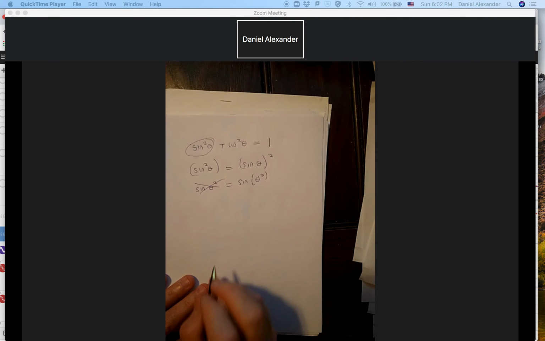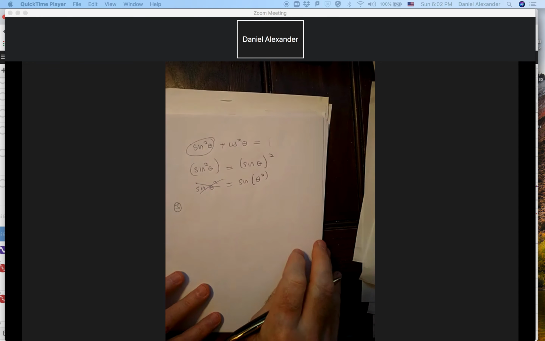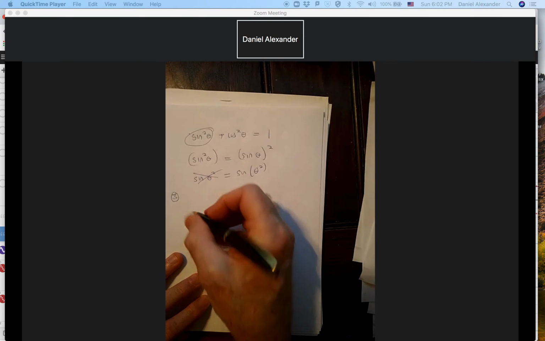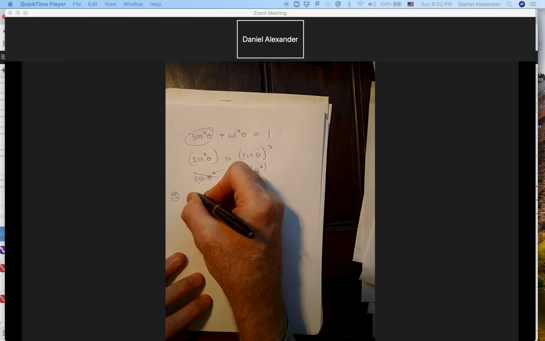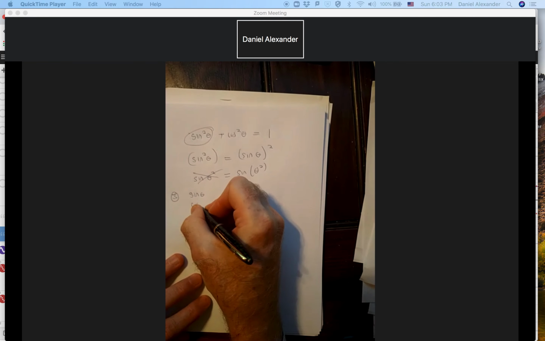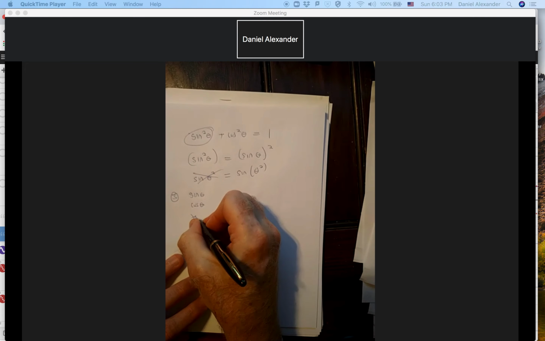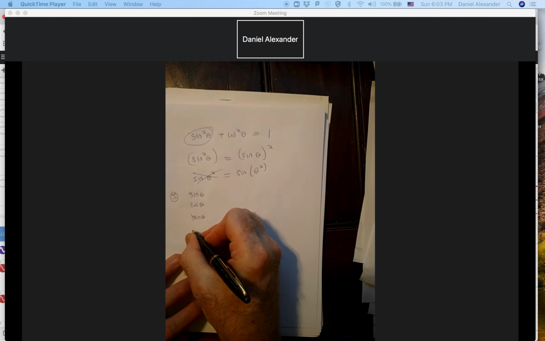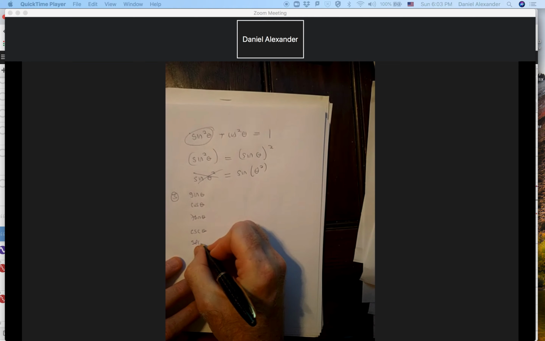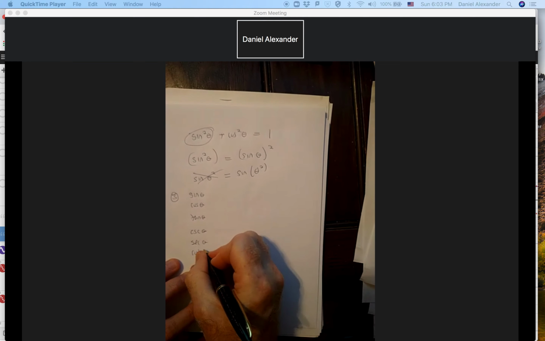Okay, so for 3, we want to write all the trigonometric functions in terms of sine and cosine. So we have 6 of them: sine, cosine, tangent, cosecant, secant, and cotangent.